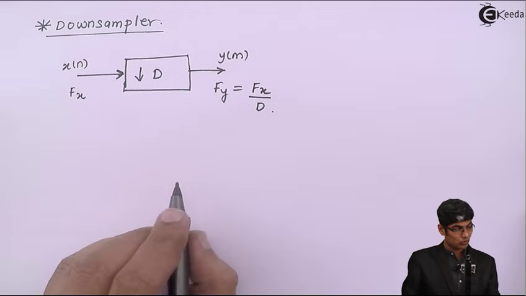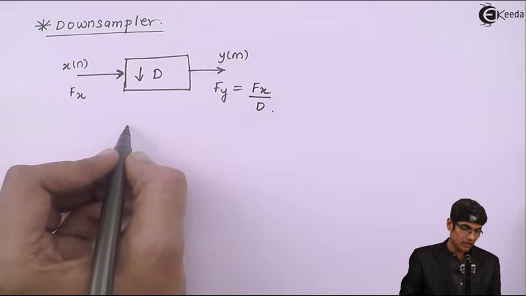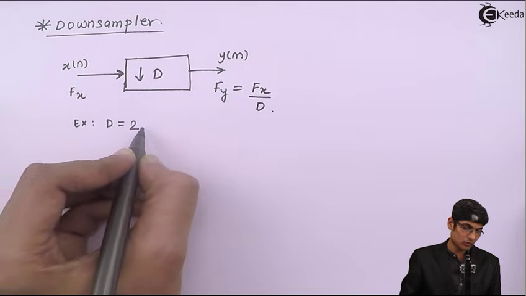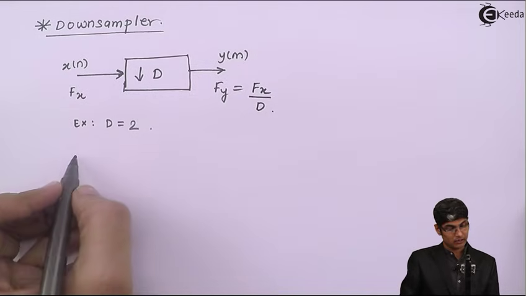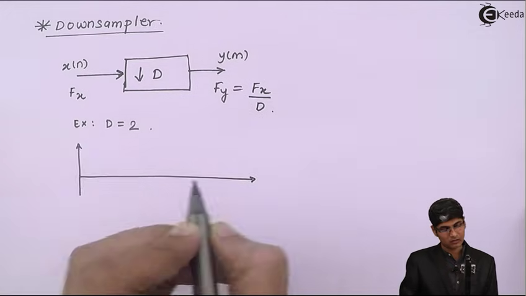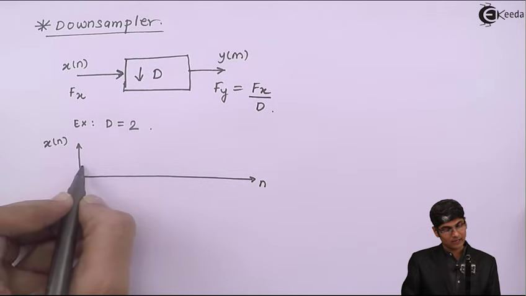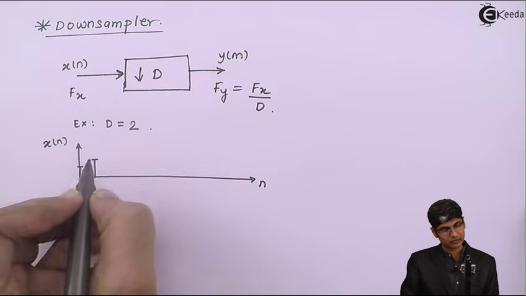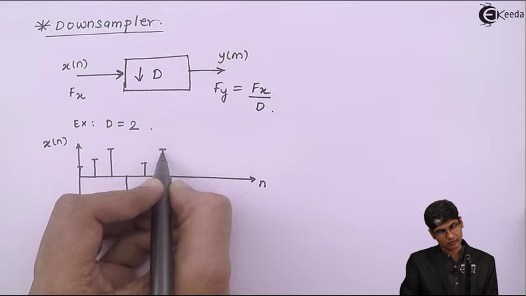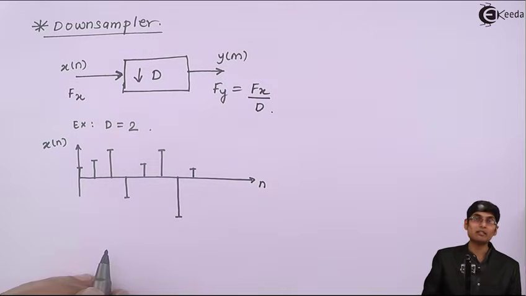Now what we are going to do here is, let's say, for example, I take d equal to 2. Then I draw the signal x of n with n as my x axis, and let's say I have samples given as some random sequence.